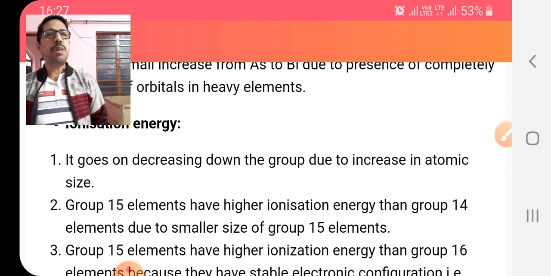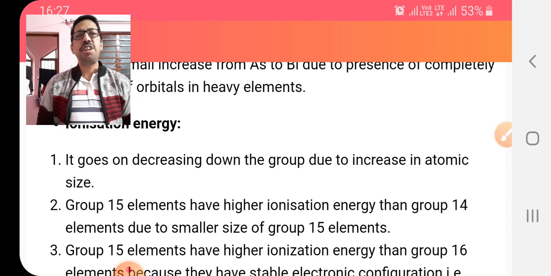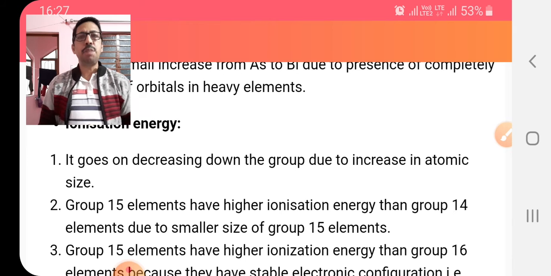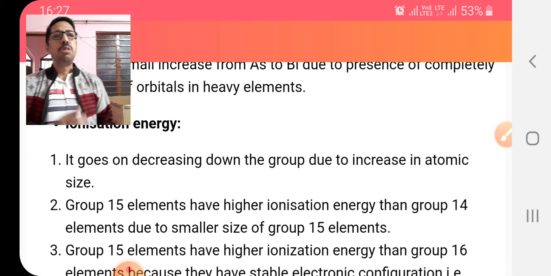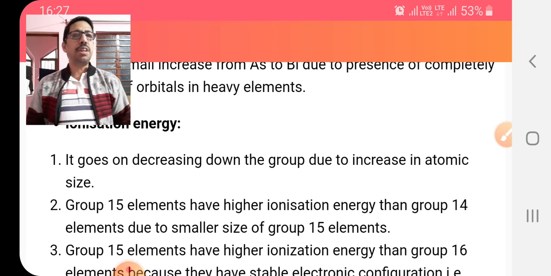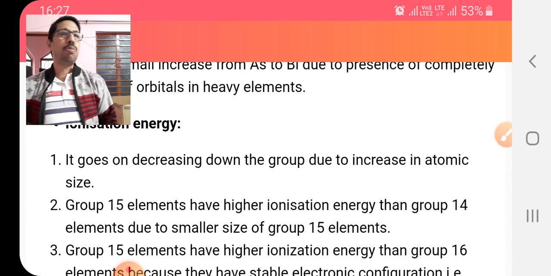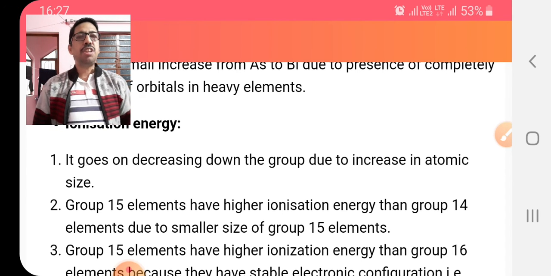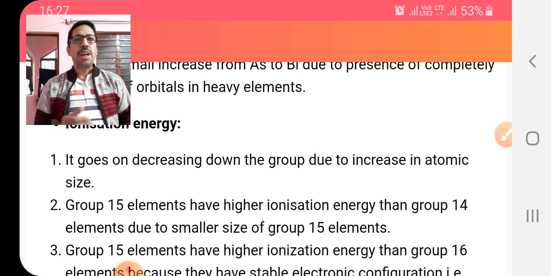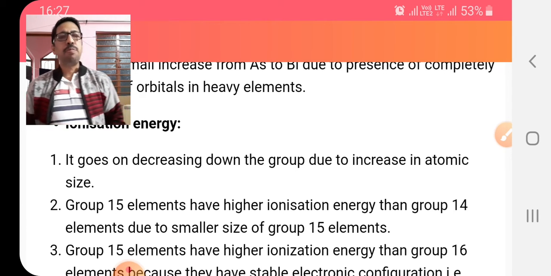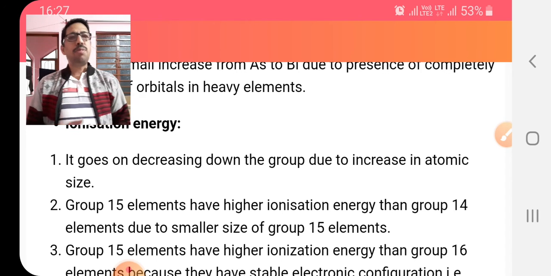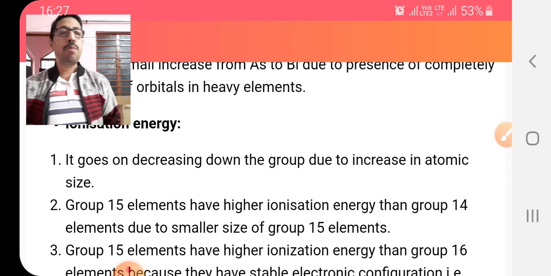Group 15 elements have higher ionization energy than group 14 elements due to the smaller size of group 15 elements. There is another factor that can explain this point. The general valence shell configuration of all group 15 elements is ns2 np3, which means the p orbital is half filled, and a half-filled orbital causes maximum stability.